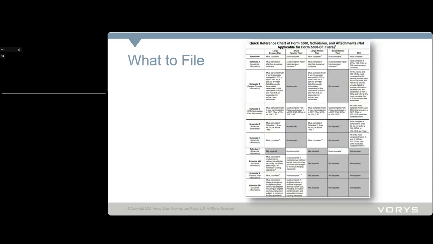And we put a little snippet. The 5500 instructions do include a chart to help you figure out what form you can file. You can see the categories on here: large pension, small pension, large welfare, small, and then you can work down through what schedules you have to file. So that's just our brief overview.